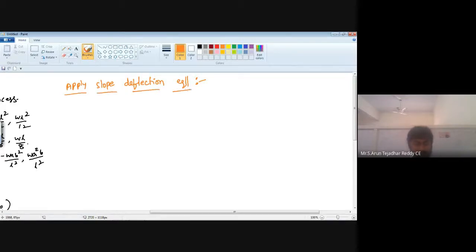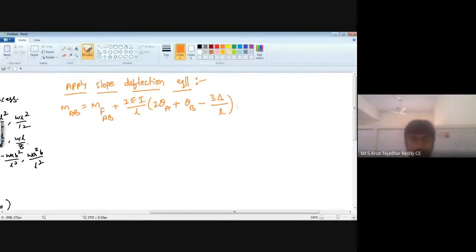Already you know each and every formula, very simple. Just substitute all the formulas here. Don't waste your time, and don't waste my time also. I'll write my formula directly. MAB is equal to the fixed end moment MFAB plus 2EI by L into 2 theta A plus theta B minus 3 delta by L.